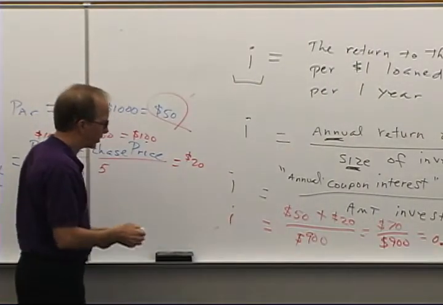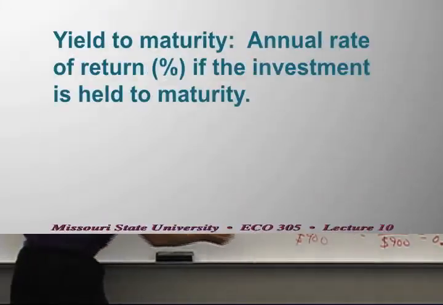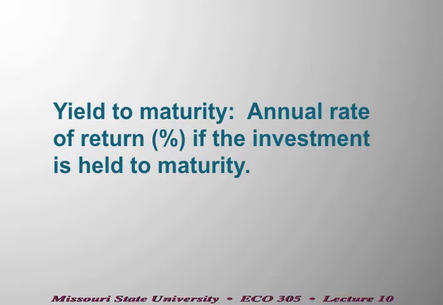And this would be referred to as a yield to maturity. Because we're calculating what's your yield, what's your rate of return if you buy it today and hold it till maturity.